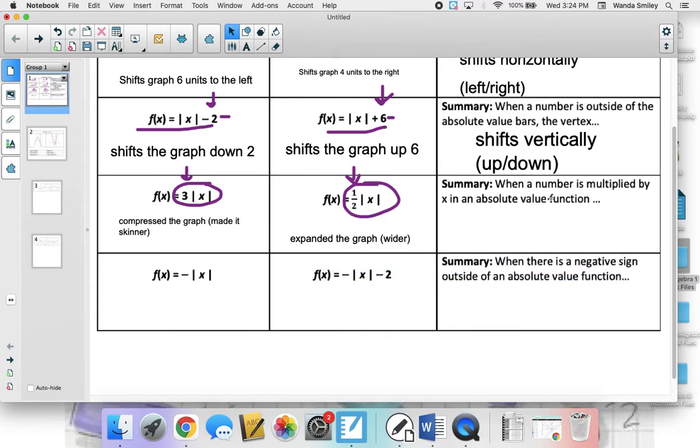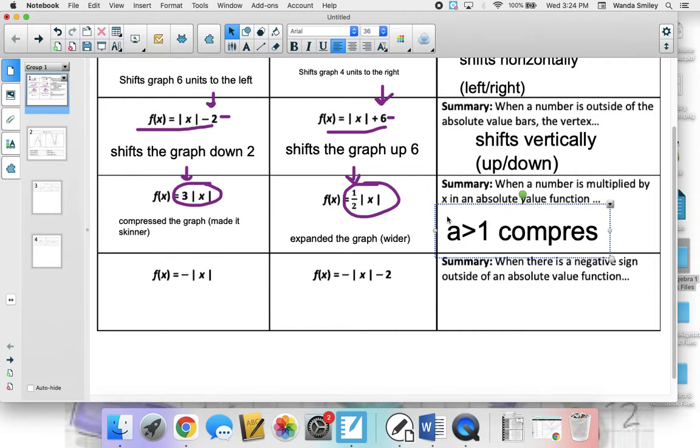So when the number is multiplied by x in the absolute value, if A, which is the number in front of the absolute value bars, is greater than 1, then it compresses the graph.